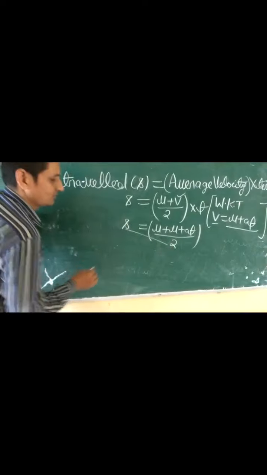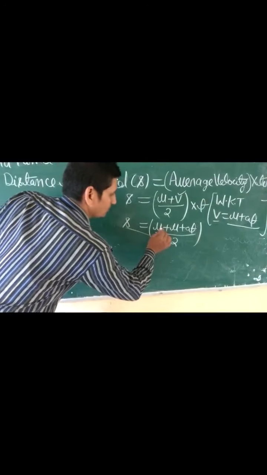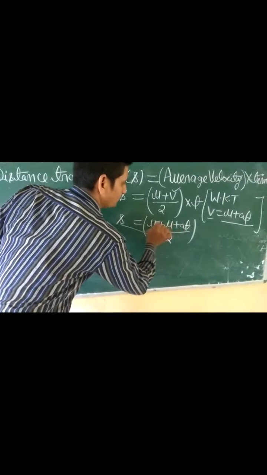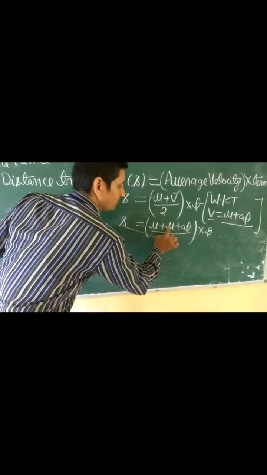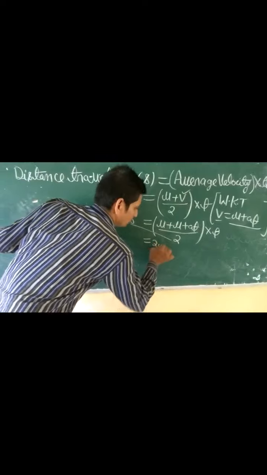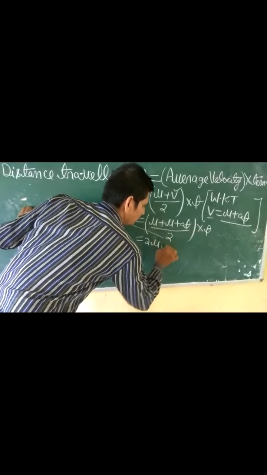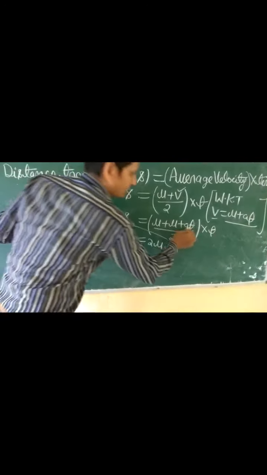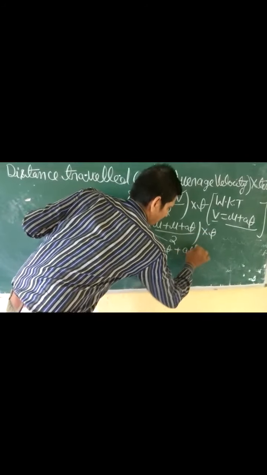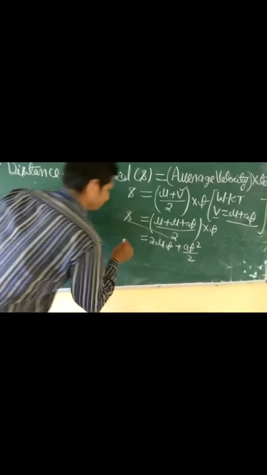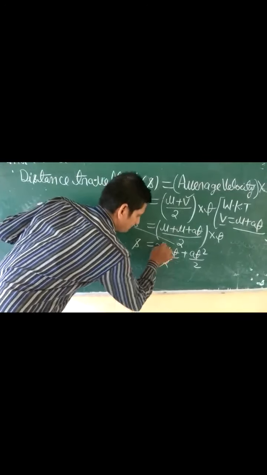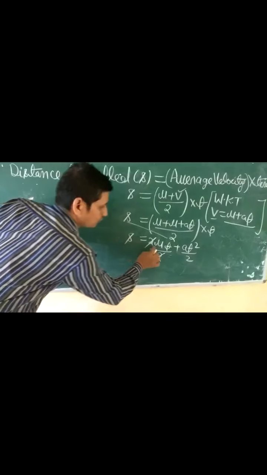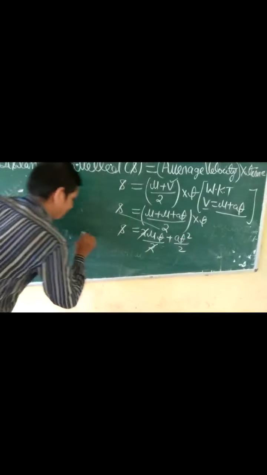So we can write 1u plus 1u, 2u, into t: 2ut plus at square, divided by 2 and divided by 2. So we get s is equal to ut plus half at square.